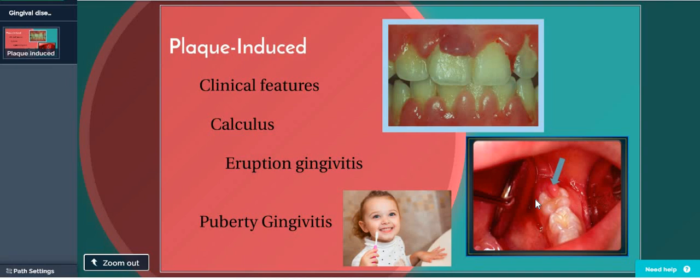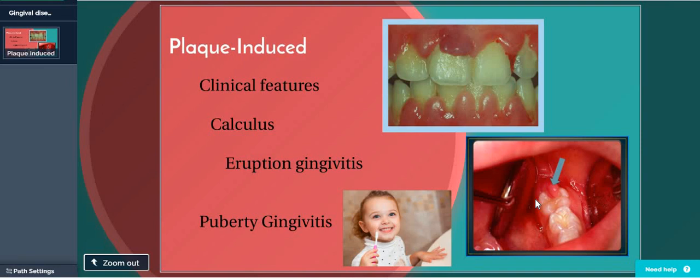So, tooth eruption doesn't by itself cause gingivitis. However, inflammation associated with plaque accumulation around the erupting tooth, perhaps secondary to discomfort, or wrong tooth brushing on the friable areas of the erupting tooth, may cause gingivitis.